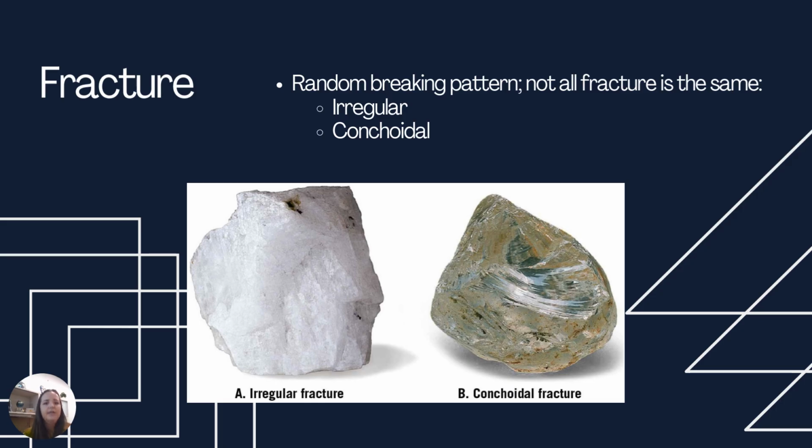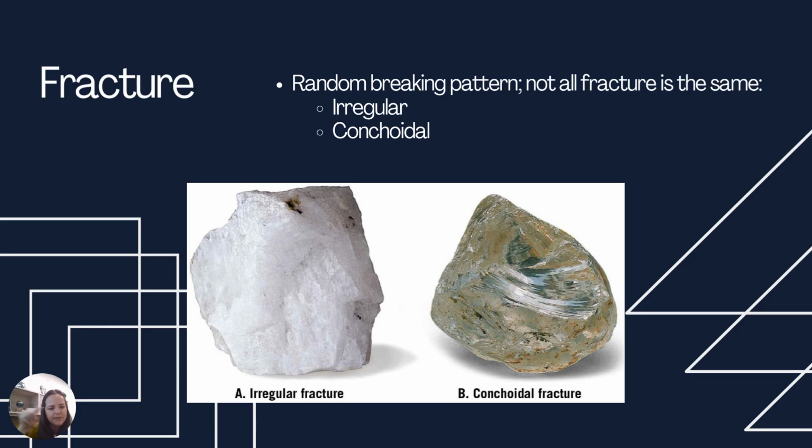With fracture, this is a random breaking pattern. There's not a flat parallel side you're looking for, it's just irregular breaking. Most fracture is irregular, some of it is conchoidal. Conchoidal fracturing is where you have, usually in a very glassy mineral like quartz, these half semicircles that kind of form.